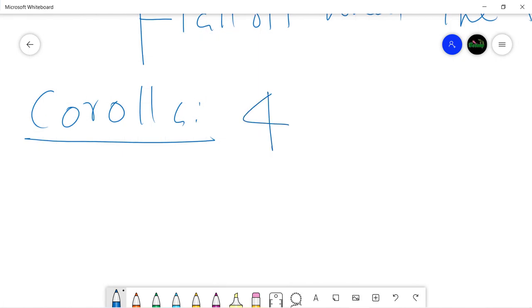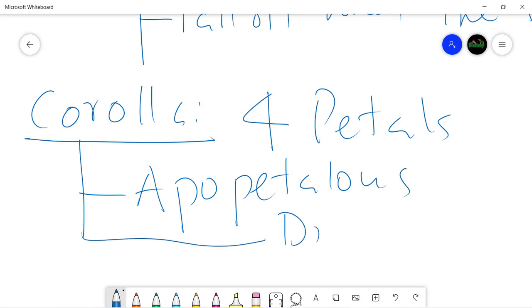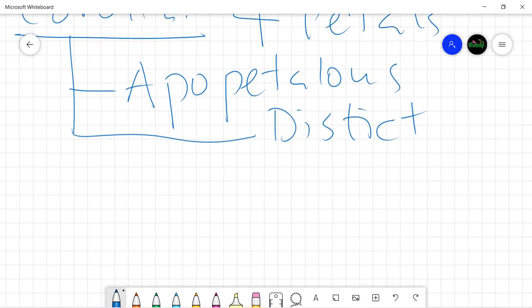Next is corolla. So corolla are also 4. The sepals are 4 and we also have 4 petals. Polypetalous or apopetalous, so the petals are free from one another and they are quite distinct.